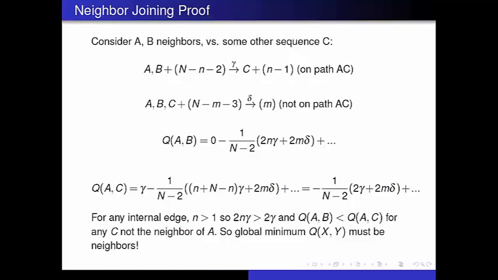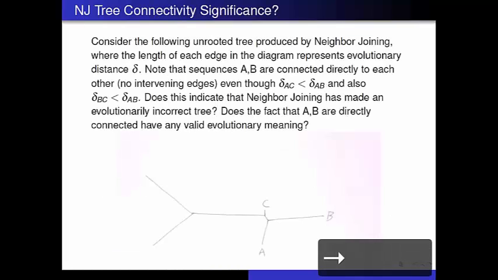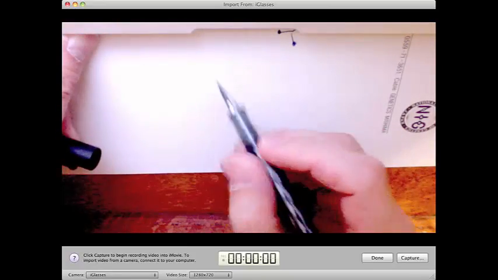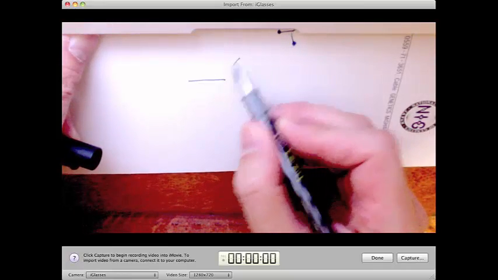Question? Maybe it'll help if I just redraw this very, very simply here. So let's just consider the simplest possible tree structure.